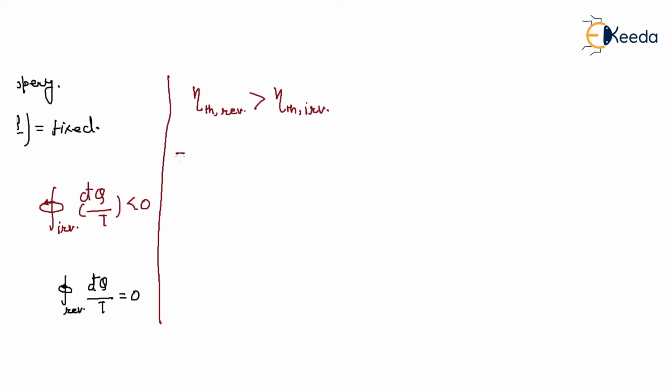And the thermal efficiency is 1 minus QL reversible by QH, which is greater than 1 minus QL irreversible by QH.